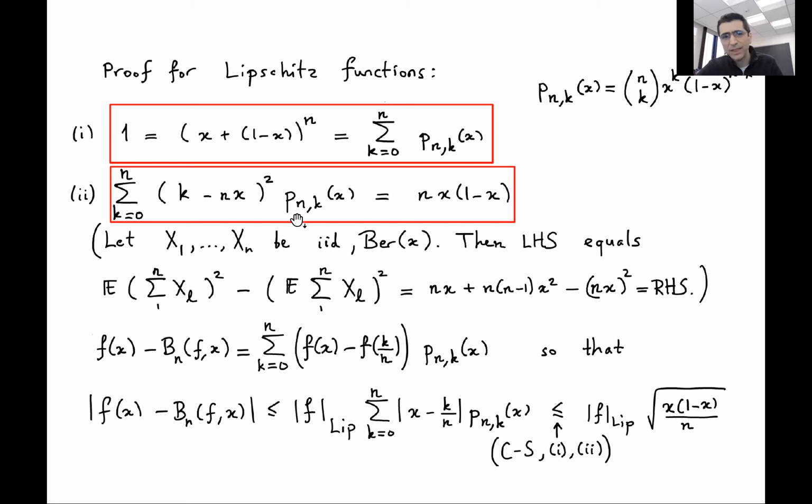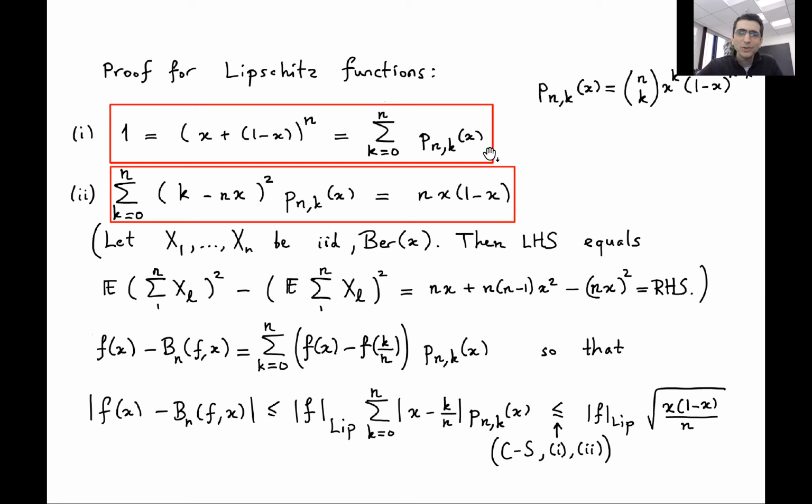And we can interpret the left-hand side of this equation as the variance of the total number of successes. We can compute it probabilistically just by knowing what these random variables are, and we can get that formula straight away.